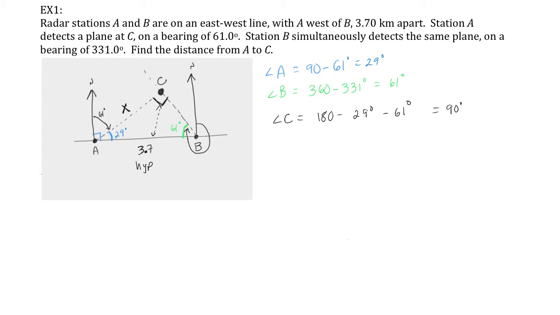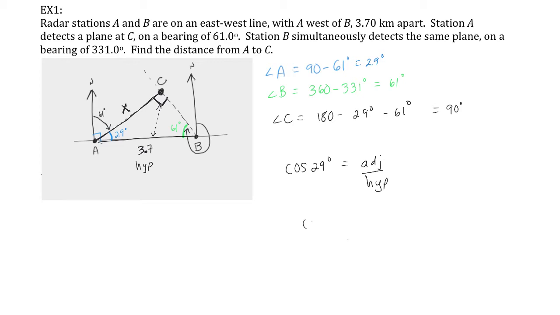So if I take the cosine of 29 degrees, cosine is adjacent over hypotenuse. There are two sides touching my angle: one is the hypotenuse and one is the adjacent.